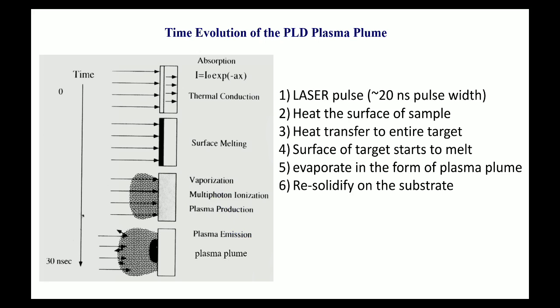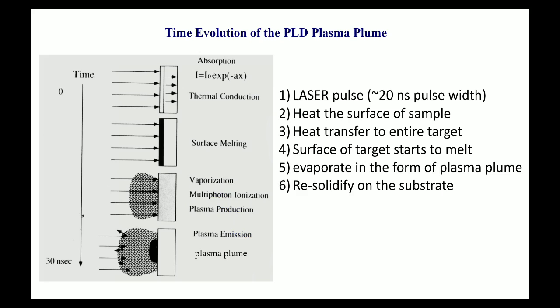So these are the steps which happen when continuous pulses of laser are incident on the surface of the target. You can see the entire time to generate this plasma plume is just 30 nanoseconds.